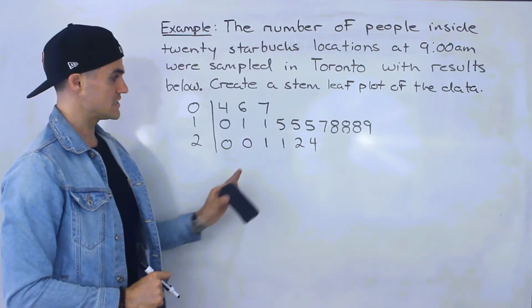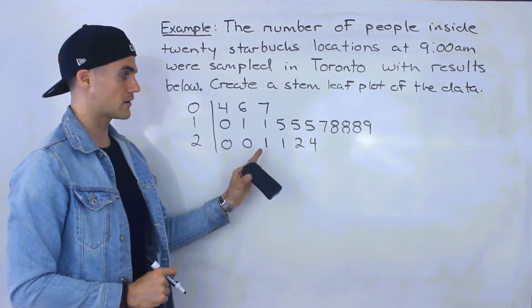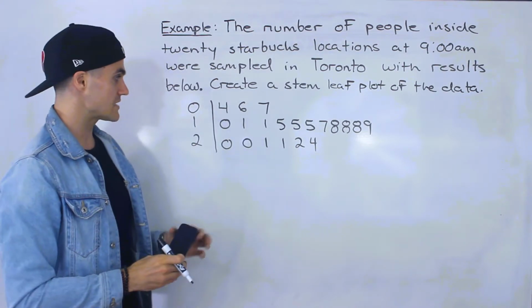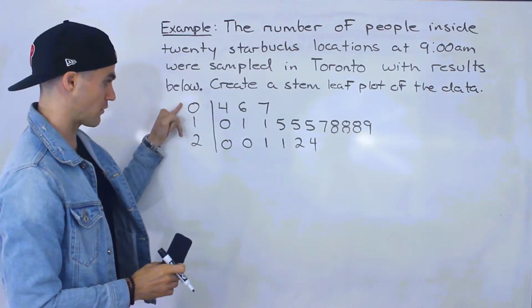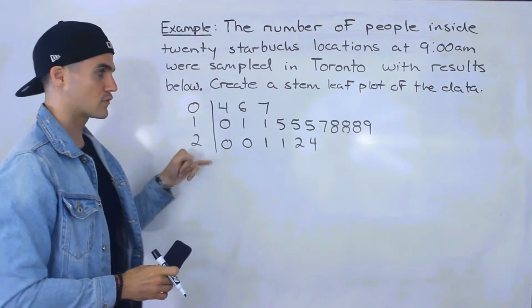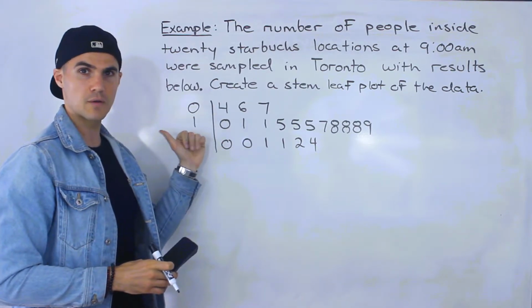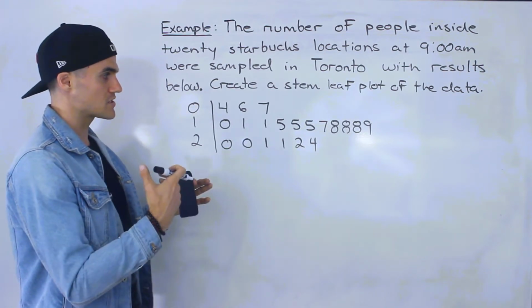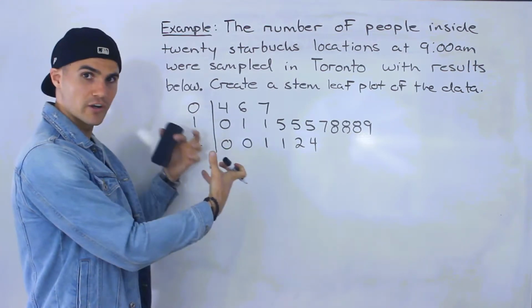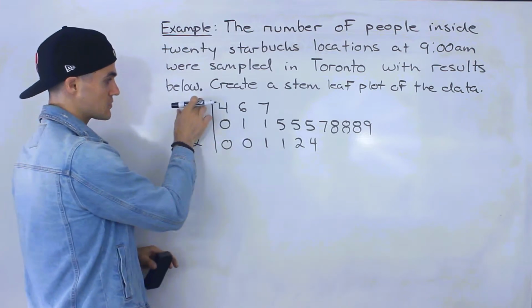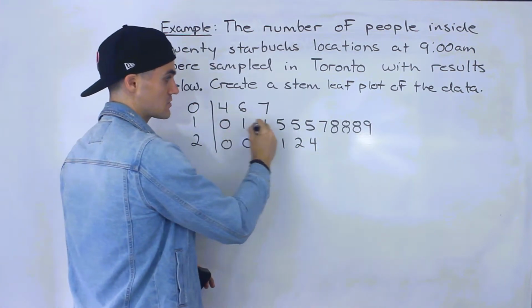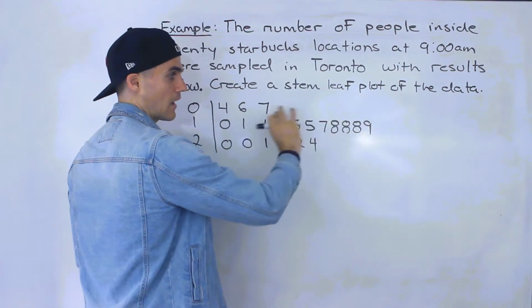Now notice if we take this stem leaf plot and compare it to the one in the previous video, in the previous example, notice that this one has fewer stems. So we got 3 stems here versus in the previous one, I think we had 6 stems. And notice that the previous one was just more nicely spread out. Versus this one, we have fewer stems. And notice that these leaves here, especially this one, it's really sticking out a lot.